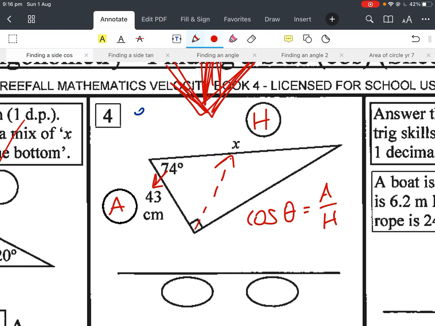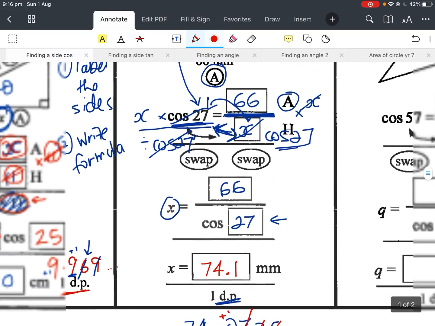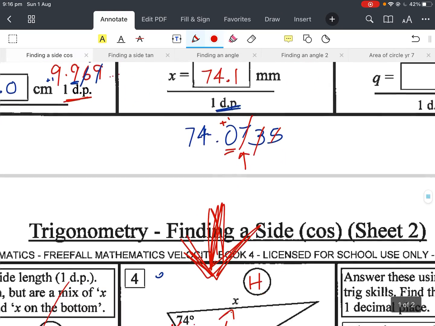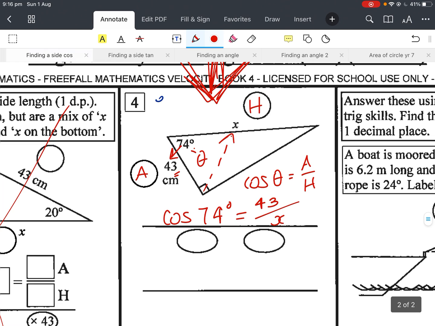Third thing I'm going to do is I am now going to write all my information. Here's my theta. So I'm going to write cos 74 degrees equals A is 43. H is my x. Straight away I've got the unknown on the bottom, so I have to do it like this one. So I'm going to do the swap method so you can see it nice and quickly.